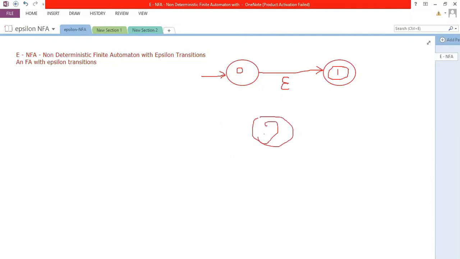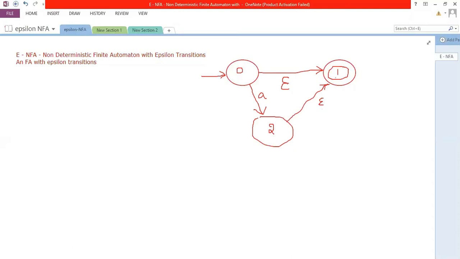Say suppose you have one more state now. Let's say you have a transition like this. From state 0 with the input symbol A we have reached 2. From 2 we have reached the final state with epsilon. Now remember, I say A is accepted.